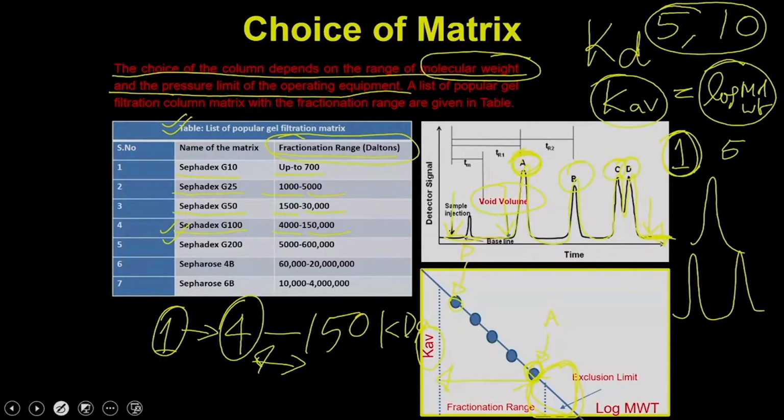For example, a 250 kilodalton protein is also going to come along with the 150 kilodalton protein, because you cannot go beyond the void volume. The protein cannot be eluted before the void volume. So, everything will come within the void volume.